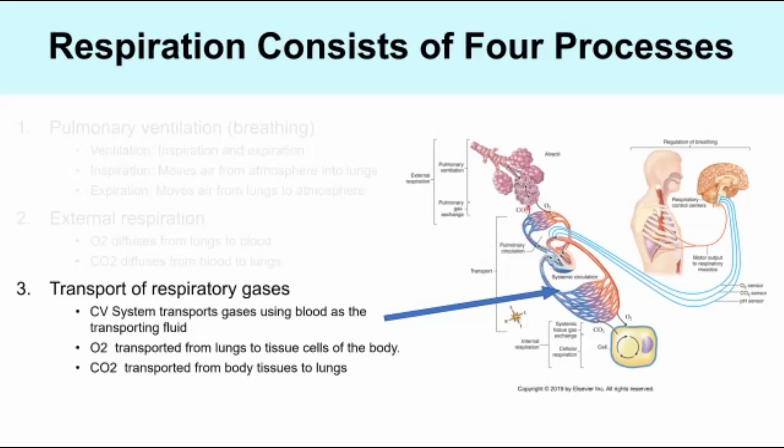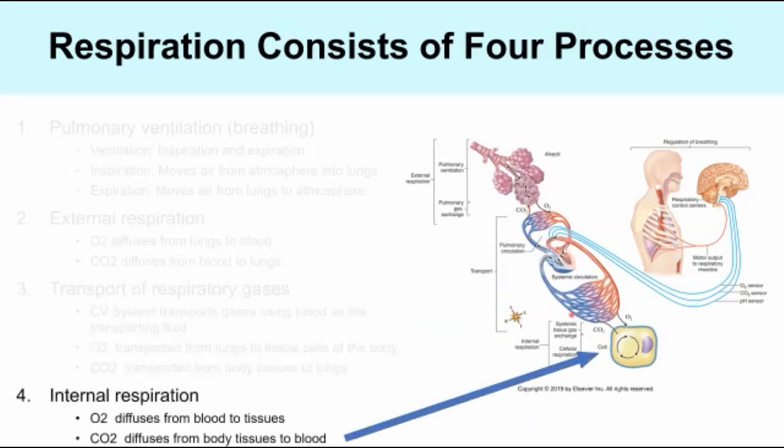That leads us to the fourth process, called internal respiration. Internal respiration is specifically talking about the level of the cell, where the blood drops off oxygen for the cell to use.